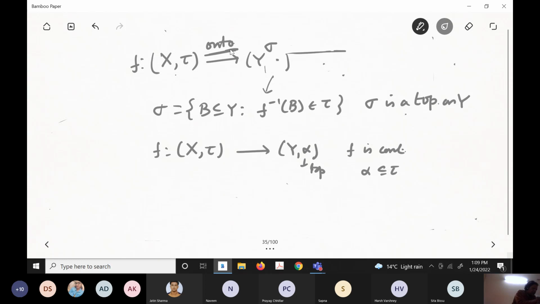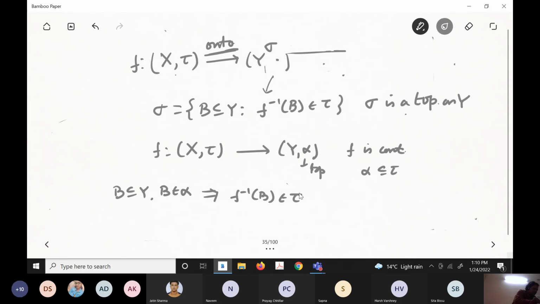Why? Now f is continuous, suppose. Okay. So take B subset of Y, B belongs to alpha. If f is continuous, this implies f inverse B belongs to tau. Do I need onto?